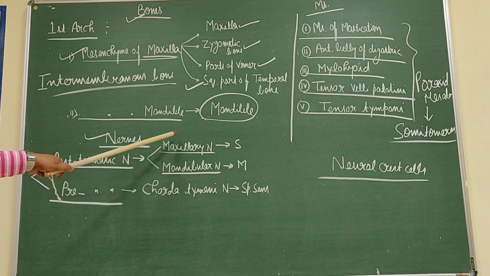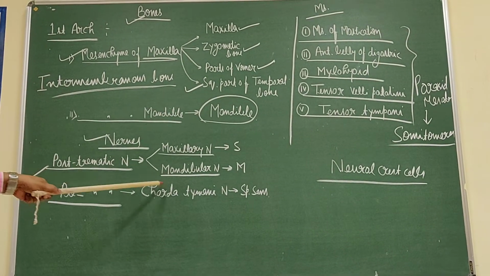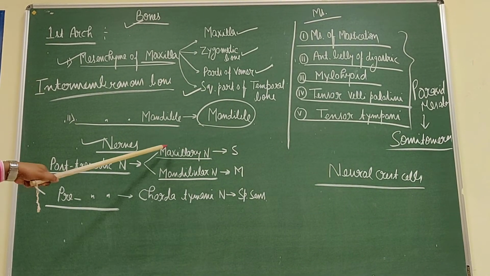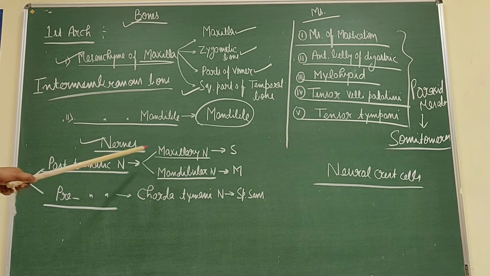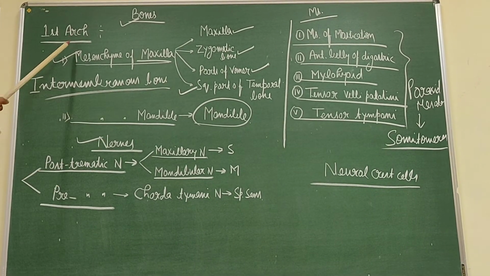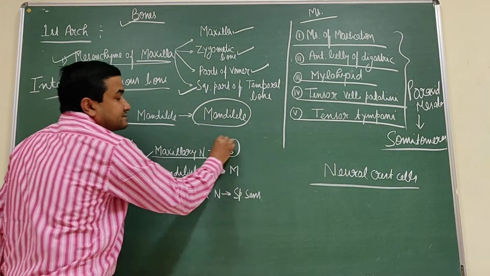These are branches of the trigeminal. There is no ophthalmic in this. So it is the maxillary and the mandibular nerve of the trigeminal nerve that is the post-trematic nerve of the first arch.